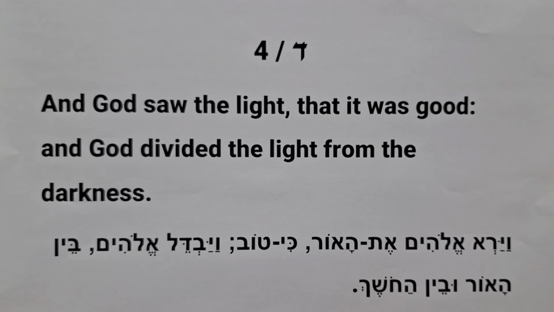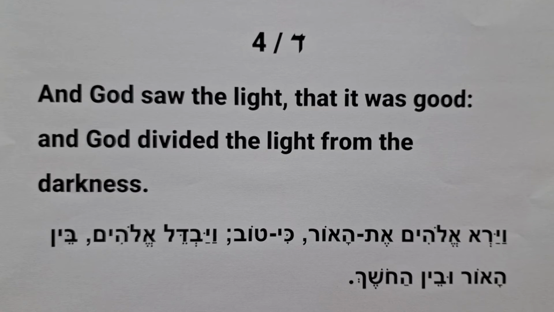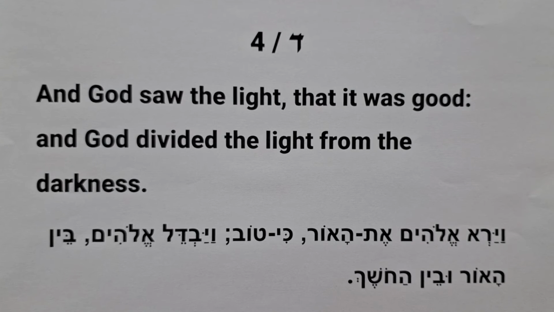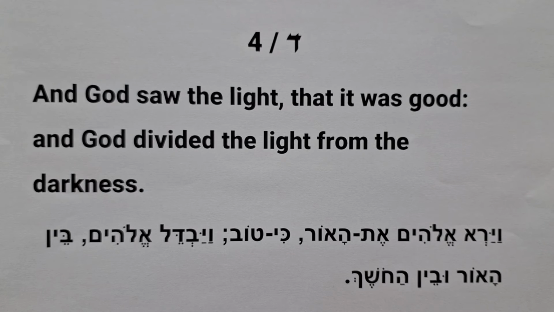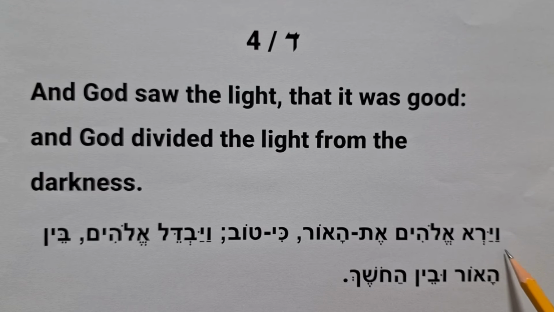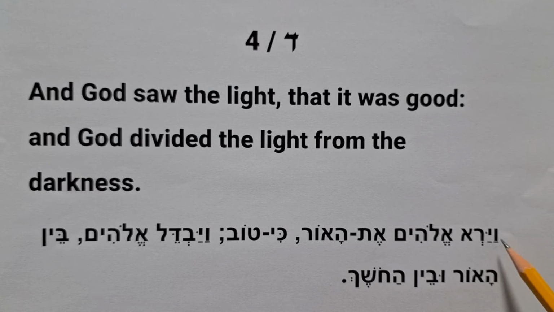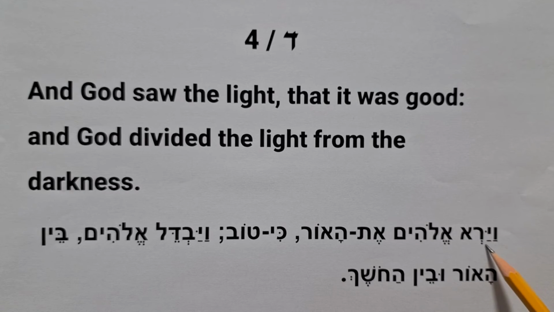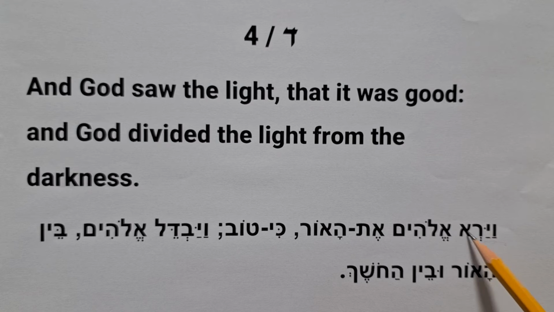The fourth verse. And God saw the light, that it was good. And God divided the light from the darkness. So, let's see. Vav with patach, va, Yod with patach, ya, Resh with shva and aleph.